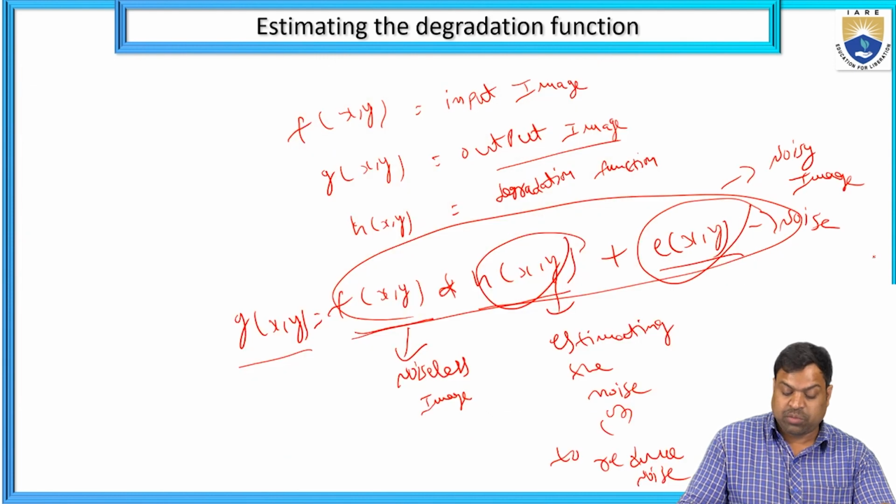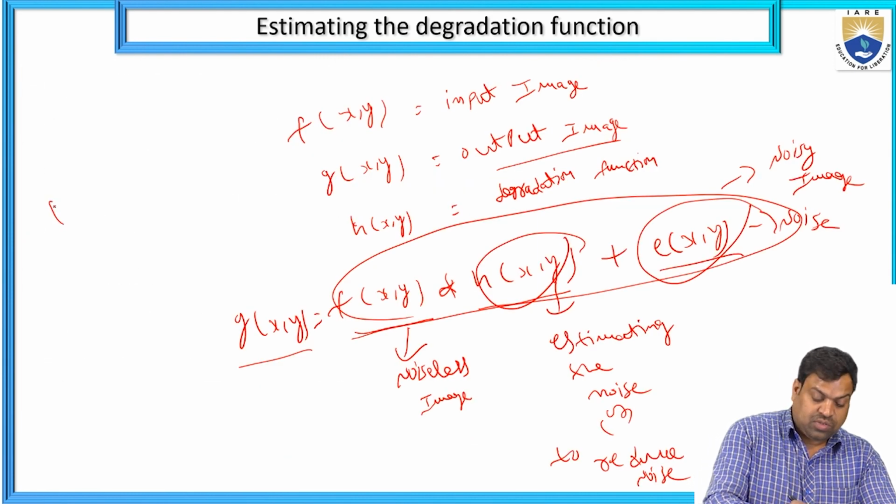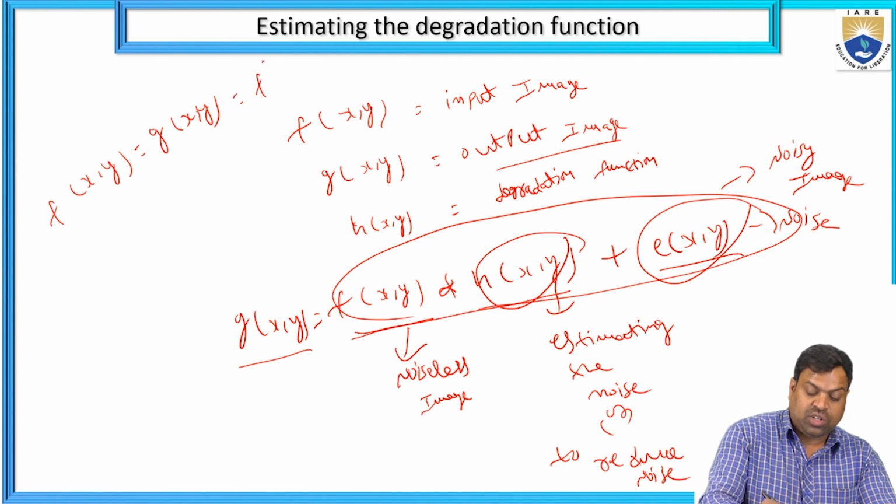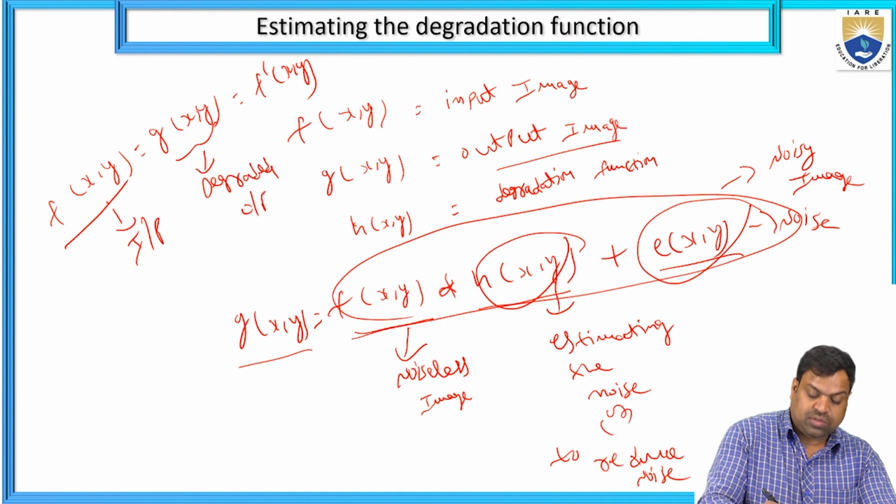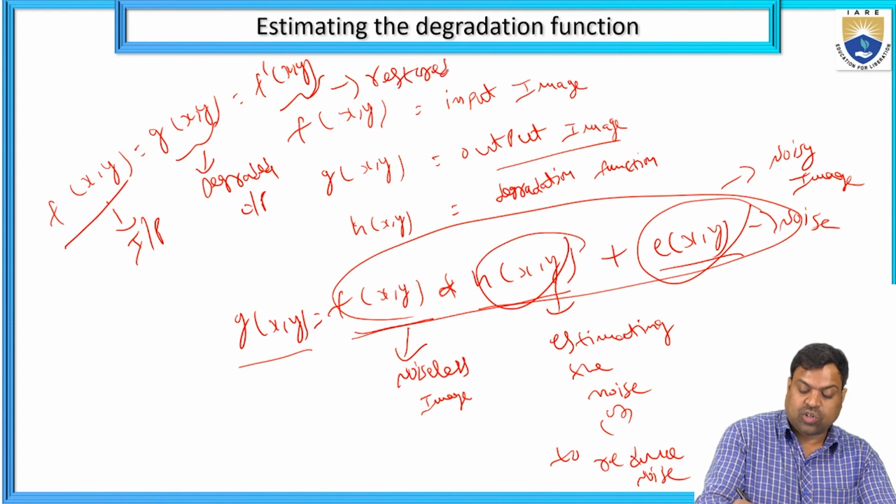But meanwhile, what has happened? f of x comma y, g of x comma y, and f dash of x comma y. So f is the input image, g is the degraded image, and f dash is the restored output image.